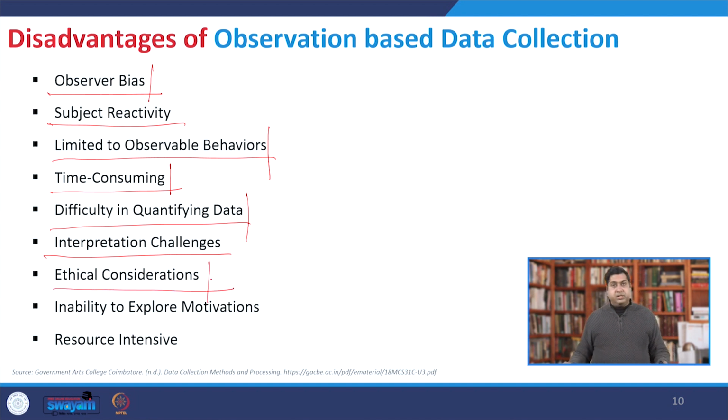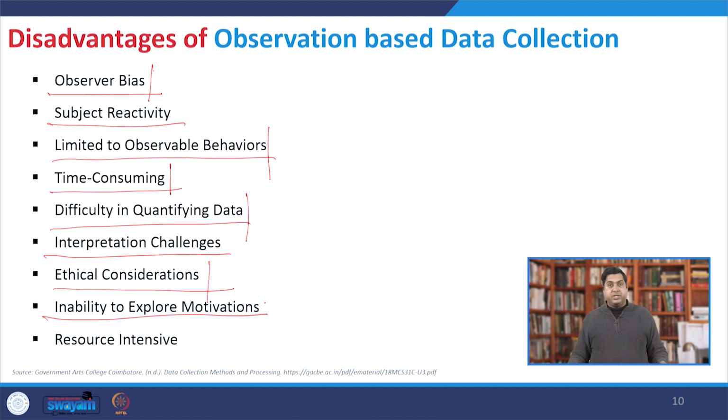Ethical consideration applies in both cases, for the participation survey and for observation. It is important that you do not capture anything in the absence of ethical approval, wherever it is applicable. So this is something that you need to follow up.